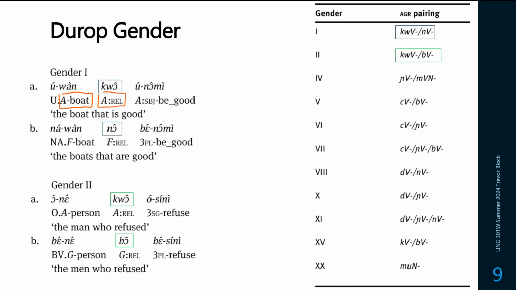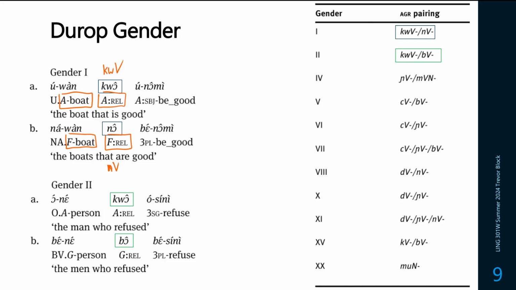That's probably the best way to look at it right now. So we see that when we have a boat, we get this form of K, W, and then a vowel. We take a look at boat using a different form. So this would be plural in this case. We get F's here, and then we get an N with a vowel.